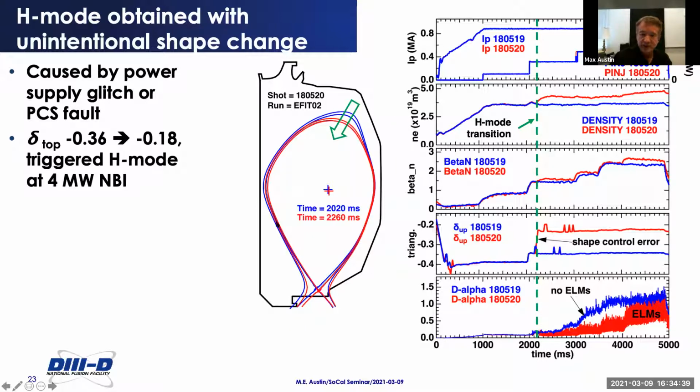And so we had this relaxation of the upper triangularity. When this shape control error occurred, we ended up getting an immediate transition to H mode. And shown here, you can see the density jumping up, which is the sign.